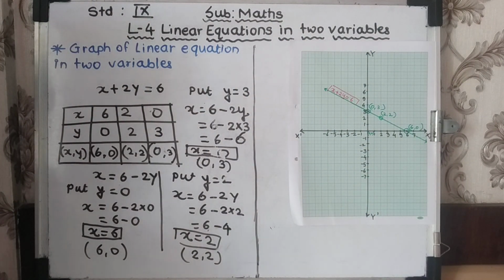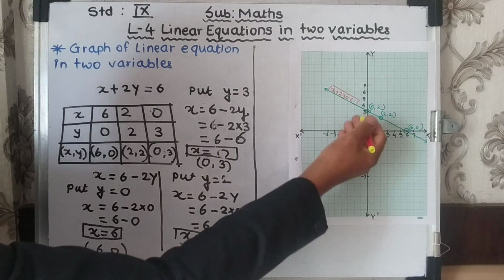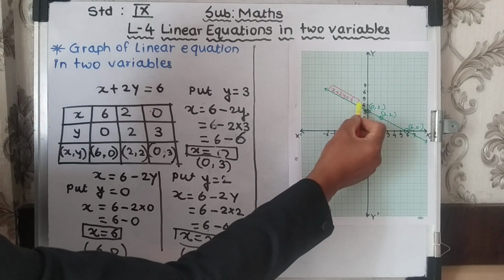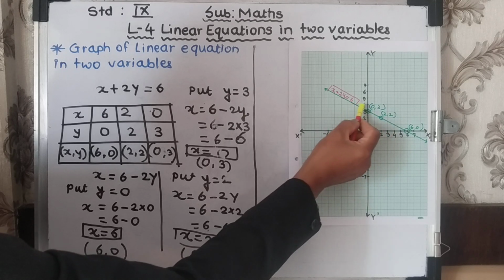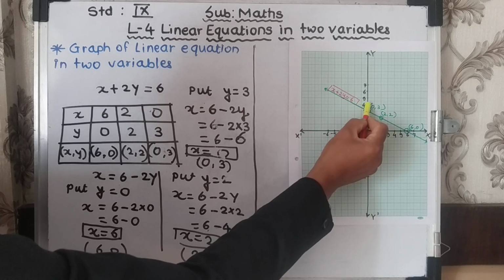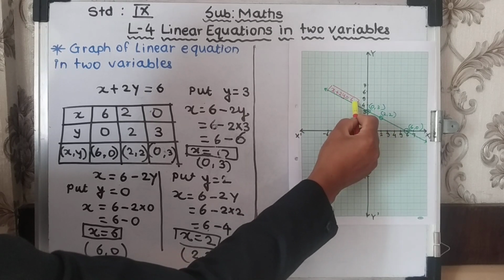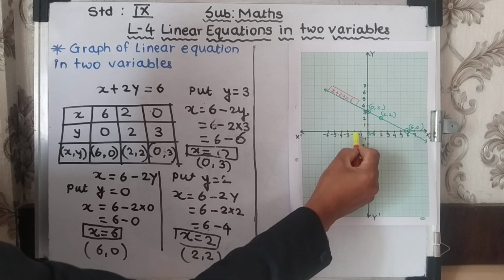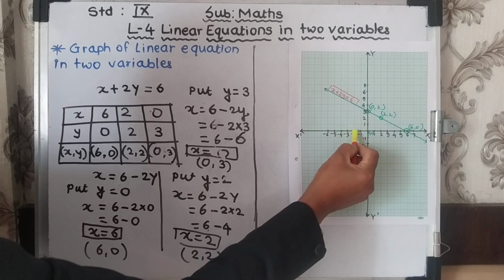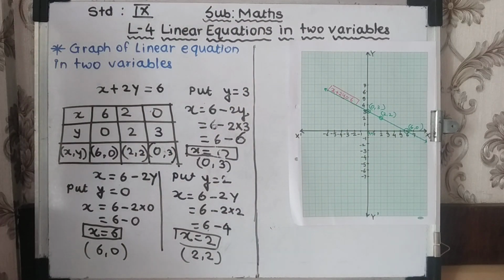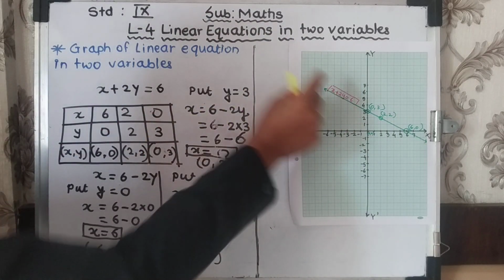You can find different points from this graph. Suppose this line intersects at 4, and from this downward it is -2. So (4, -2) will also be a solution of this equation.